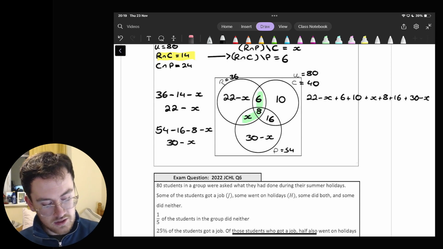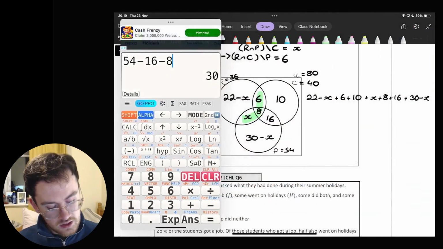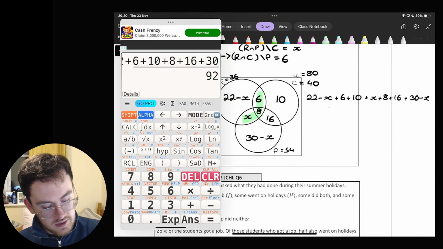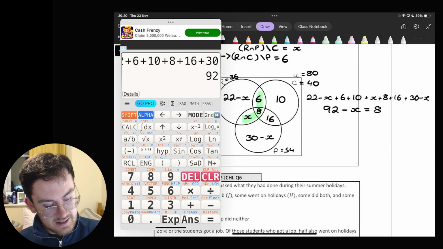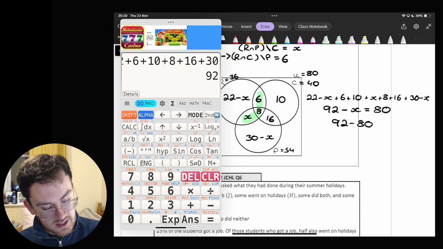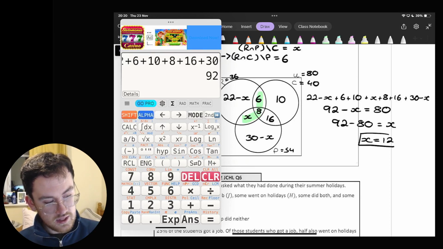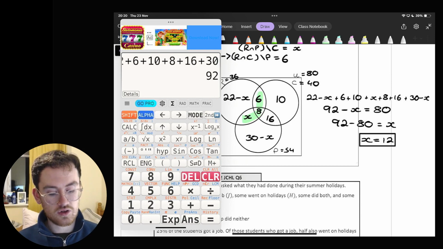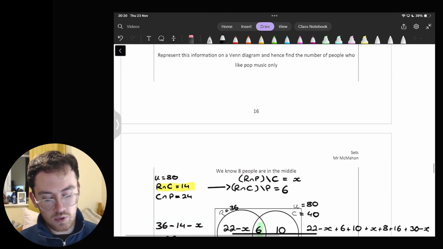So let's summarize all of this. Let's bring my numbers together. So 22 plus 6 plus 10 plus 8 plus 16 plus 30 gives me 92 minus x overall equals 80. So 92 minus 80 equals x, so x equals 12. X equals 12 altogether. So there are 12 people who like both.